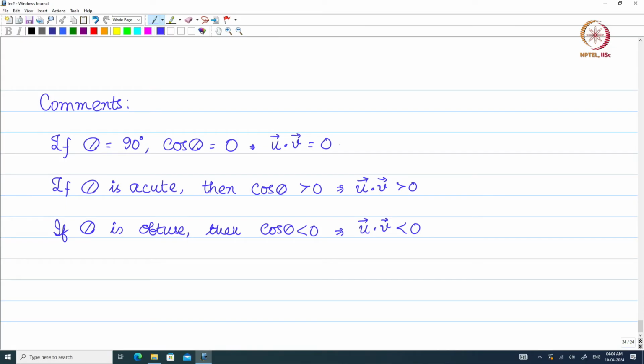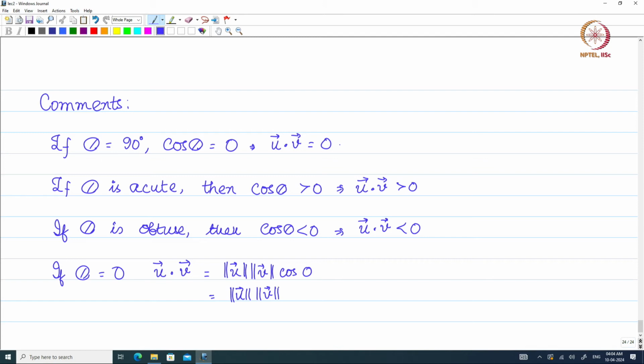Let us look at the case where theta is 0. Then we get u dot v equal to u v cos 0, which is nothing but the product of the norms.